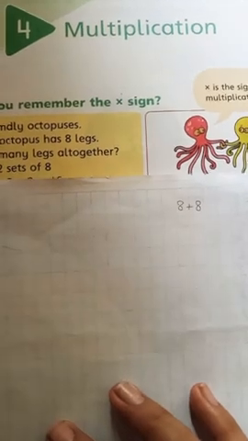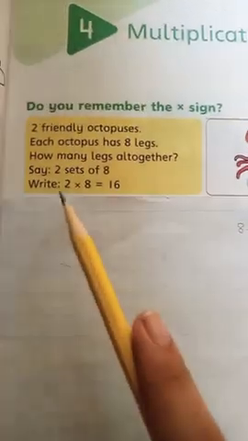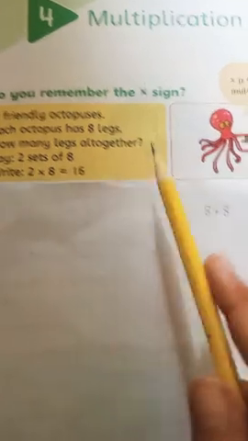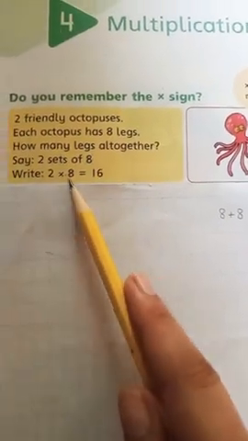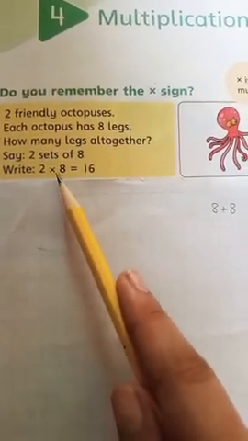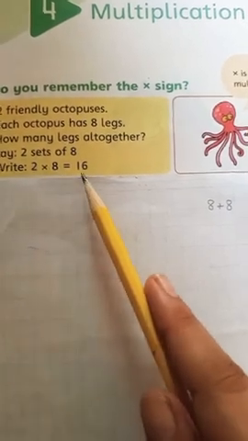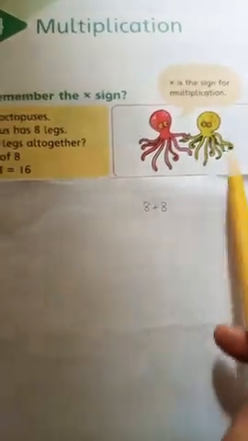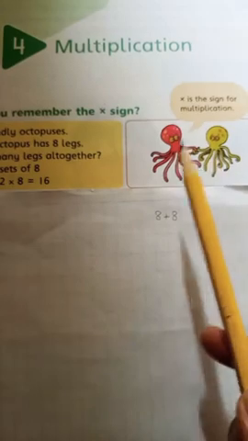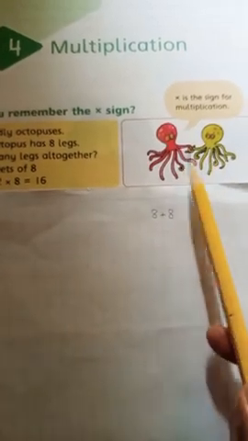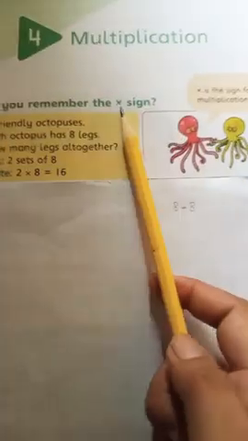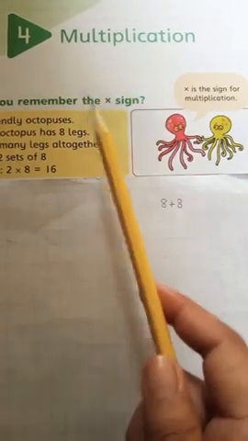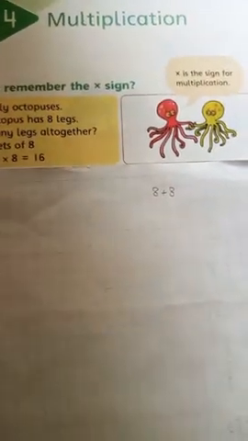Okay students? Here we have multiplied the 2 sets of 8 legs, and our answer is 2 8s are 16. It means that we have found out the total legs of both of the octopuses by the simple sign of multiplication. Okay students?